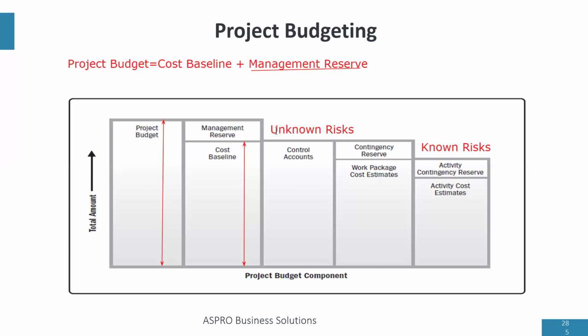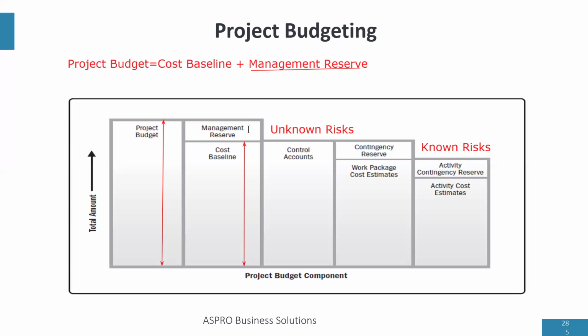Let me give you a good example of unknown risk, not management. A good example of unknown risk was COVID, because nobody knew there was anything called COVID until it came. It took everybody by surprise.